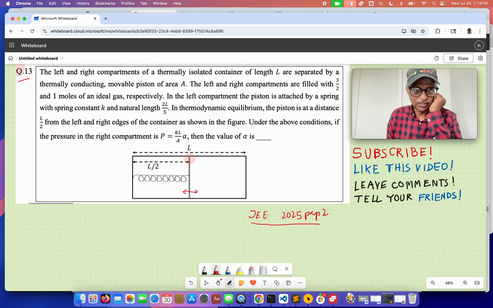Meaning, if I look at this piston and the force on it, it's all balanced. That's what it means here.